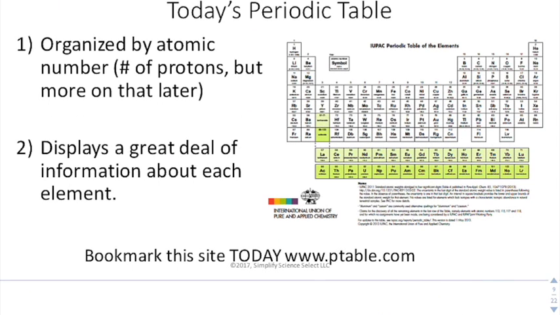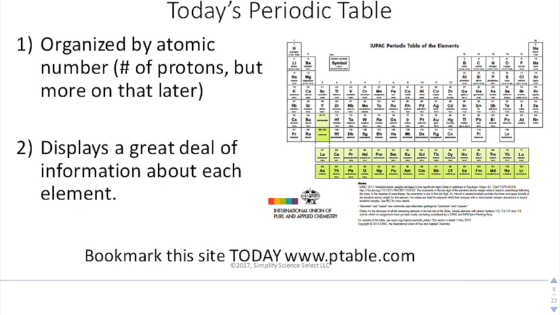So today's periodic table. You should be very familiar with the periodic table. It is basically a cheat sheet for all the material that we're going to cover in chemistry. If you can understand the relationships on the periodic table, you can get so much more information than you could by trying to put it on a little note card to cheat on a quiz or a test. Today's periodic table is organized by atomic number, which is the number of protons, but once again, we'll talk about that later.